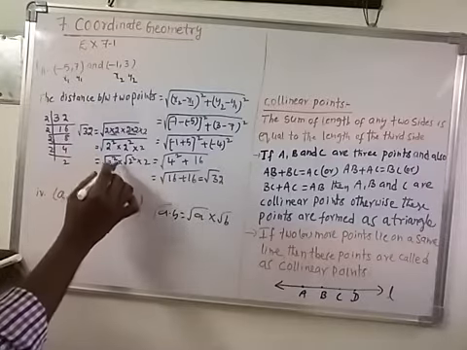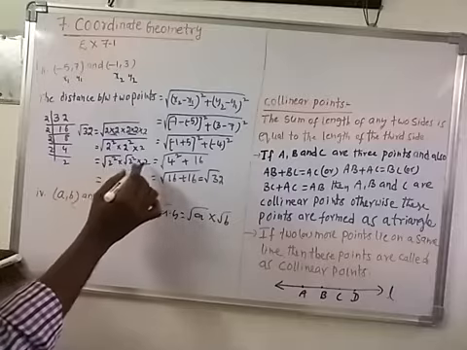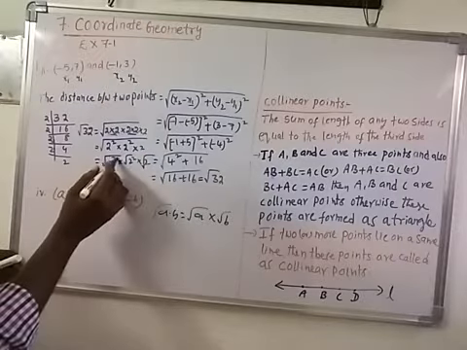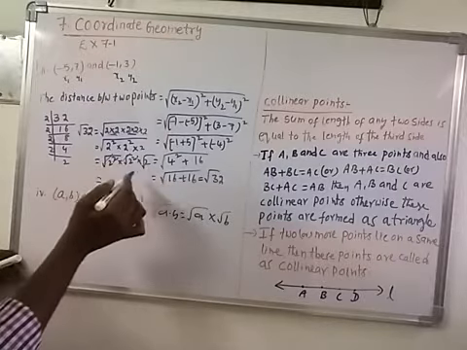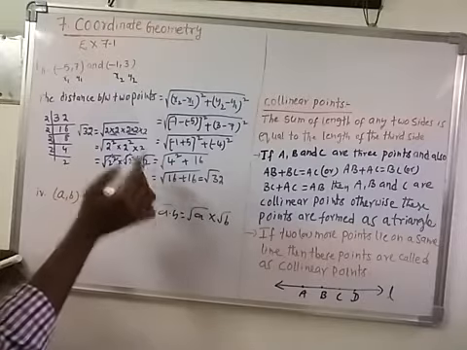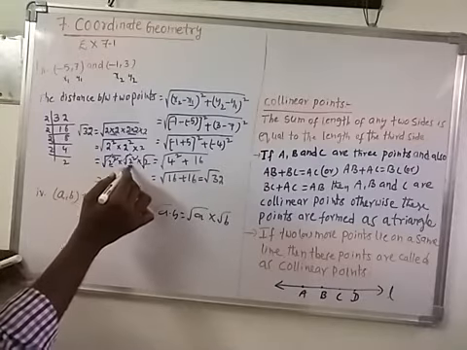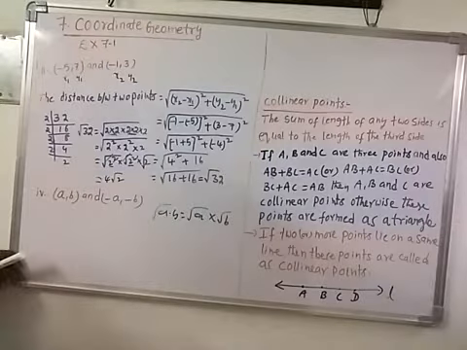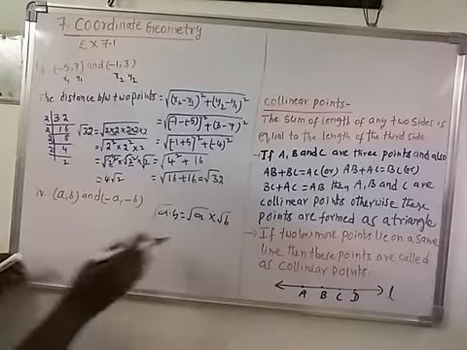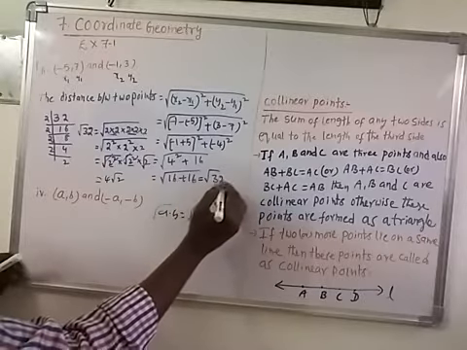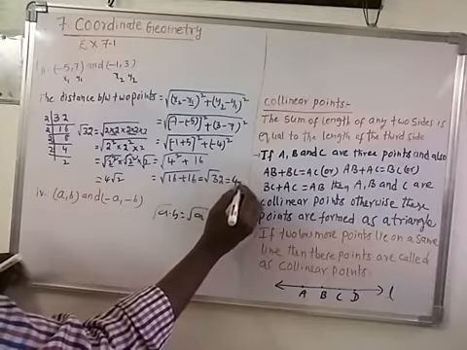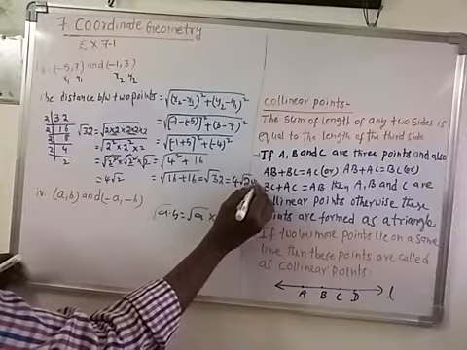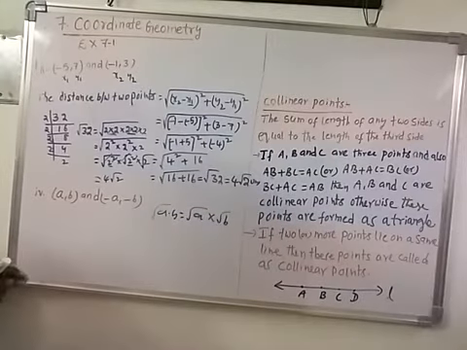So square root of 2 square into square root of 2 square into square root of 2. Here the square root cancels with the square, remaining 2, and here remaining 2, 2 into 2 is 4, square root 2. So this can also be written as 4 square root 2 units.